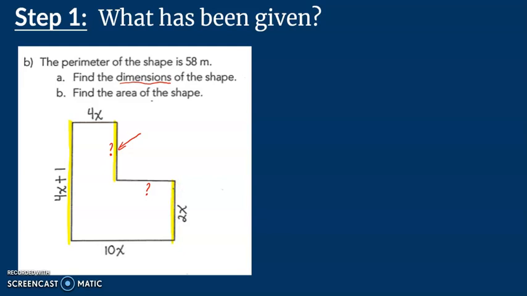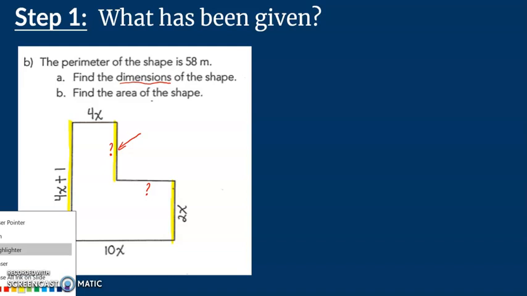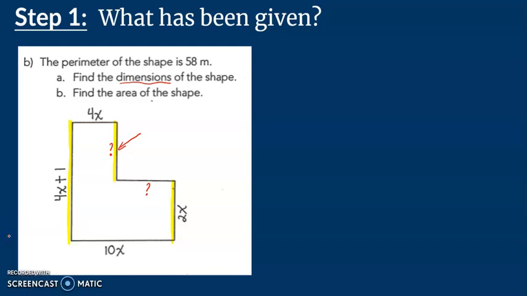So 2x plus something is equal to 4x plus 1, but that's too hard to do in our heads, and we can use algebra more effectively, let our pencil do the work. 4x plus 1, and then you're going to subtract the 2x. You might want to put it in brackets to make it clear what's going on, so that you can find out that this is going to be equal to 2x plus 1 for that length. 2x plus 1. Let me get rid of that arrow.